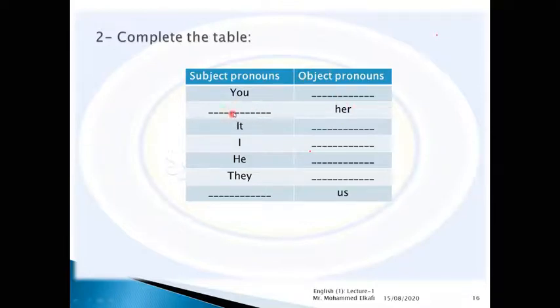What should we put here? She, the subject pronoun is she, S-H-E. The last one, here we have another object pronoun, us, and the subject pronoun should be we, W-E.